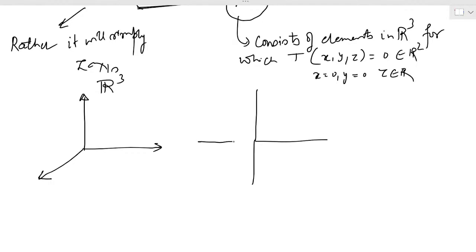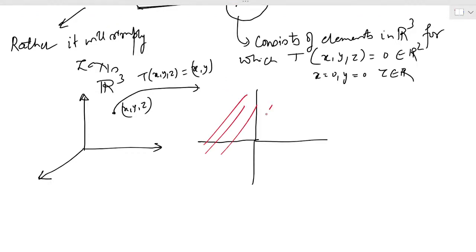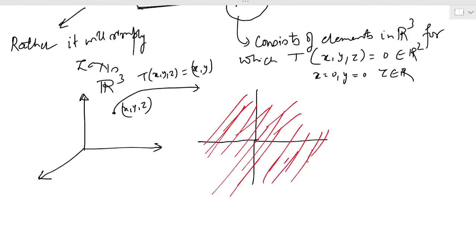And if I'm relating any point x, y, z via the projection transformation, that is T of x comma y comma z equal to x comma y, the range will form the entire Cartesian plane. This is the range. Is that clear? This is my range, the entire Cartesian plane.